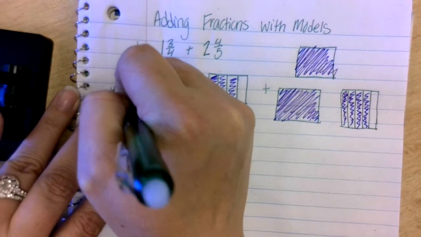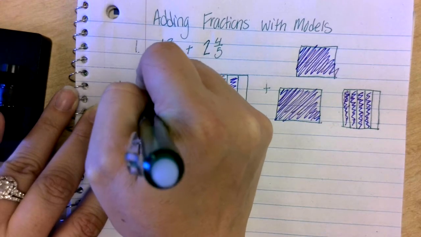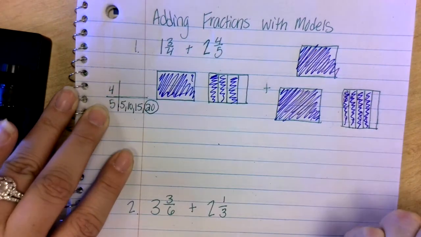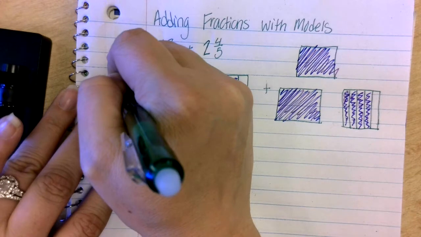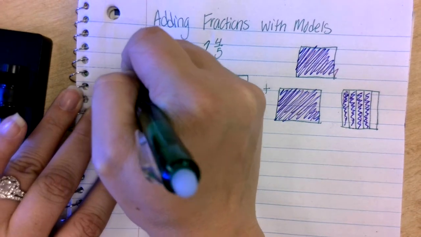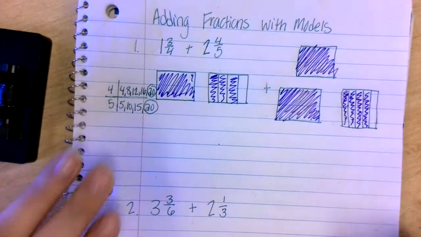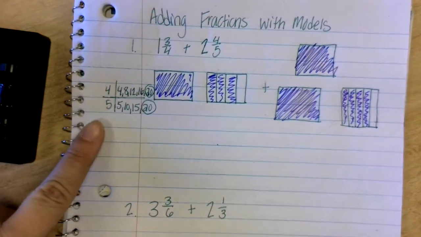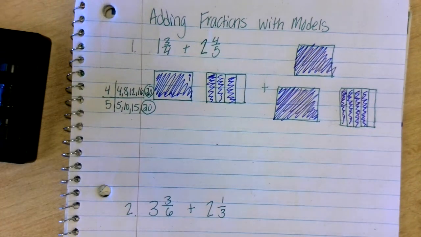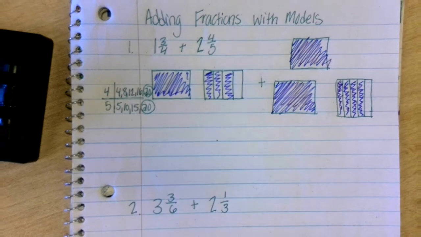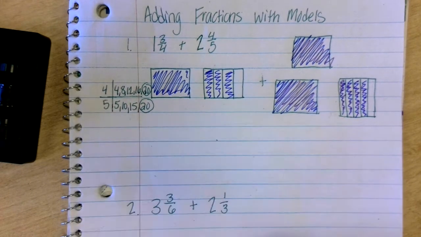So we've got 5, 10, 15. Oh, I can stop at 20 because 20 is also a multiple of 4. 4, 8, 12, 16, 20. And if you're having a hard time counting by your numbers, you just really need to practice that. Just think of your multiplication facts in order for that particular factor.